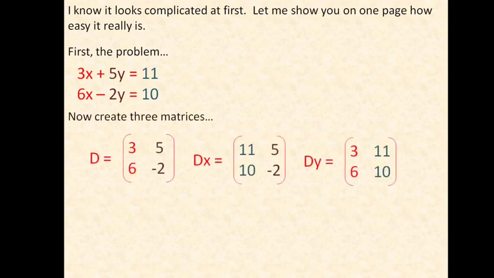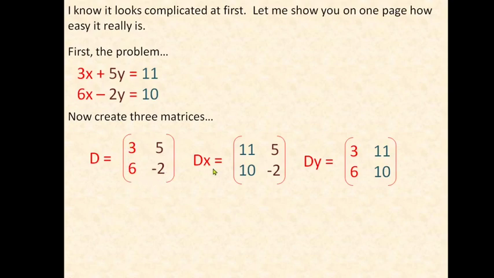First step, arrange the coefficients in the way which is there on your screen. For d, we will arrange the coefficients of x and y from equation 1 in the first row and the coefficients of x and y from the second equation in the second row. So your matrix for d will look like this.